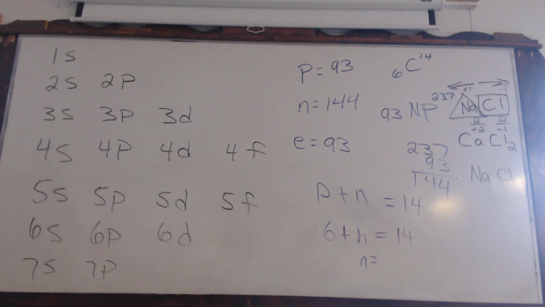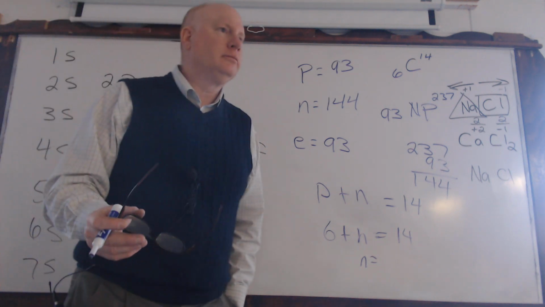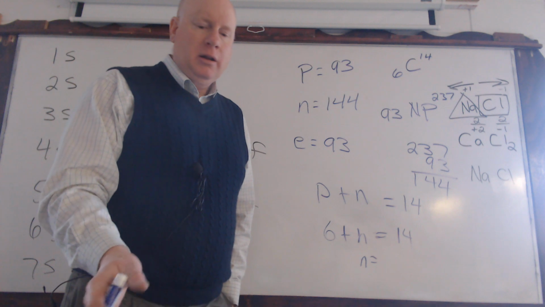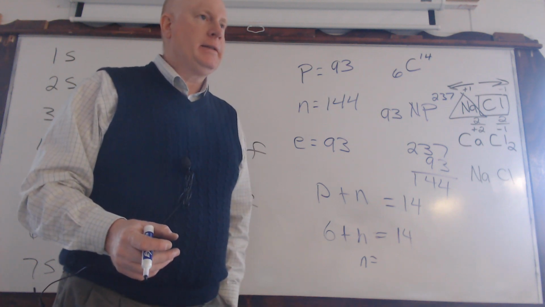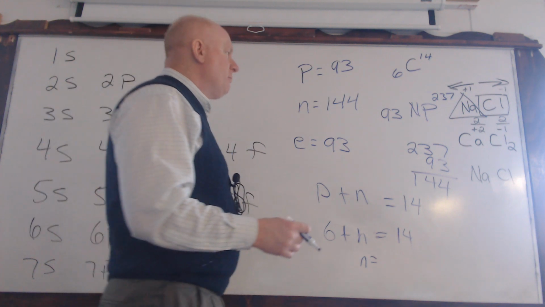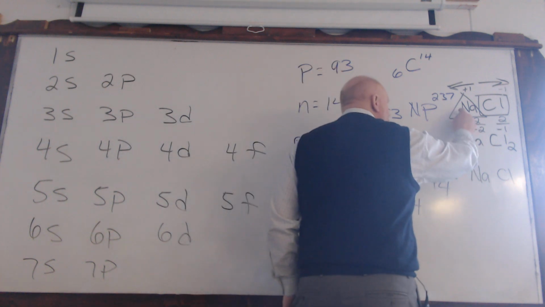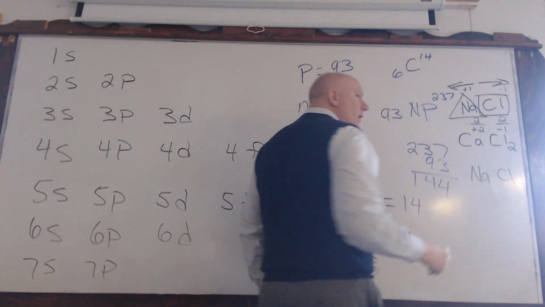So if you're dealing with hydrogen, atomic number of 1, an atomic mass of 1, if you take 1 from 1, you get 0. Hydrogen doesn't have any neutrons. So are your protons and electrons always going to be the same? If it's neutral, yes.